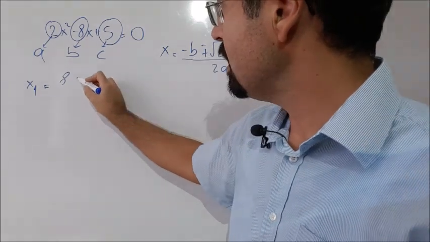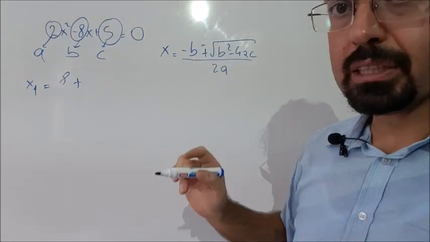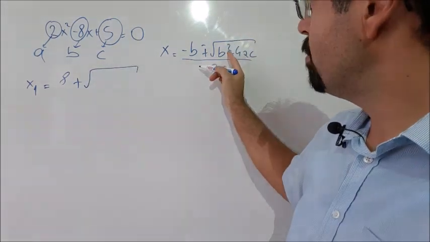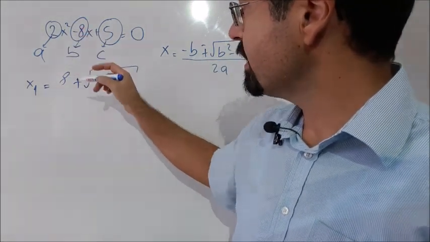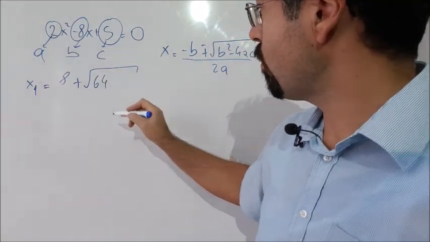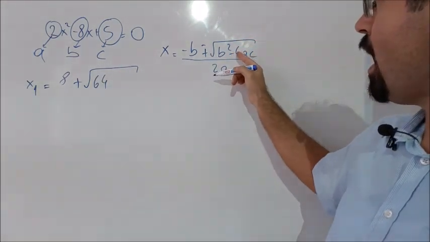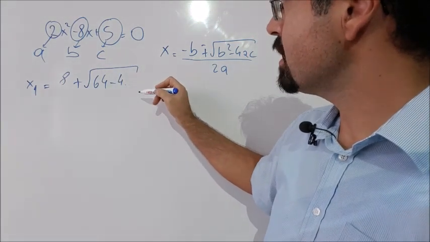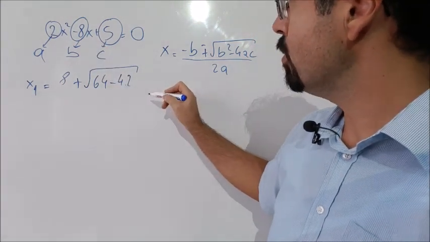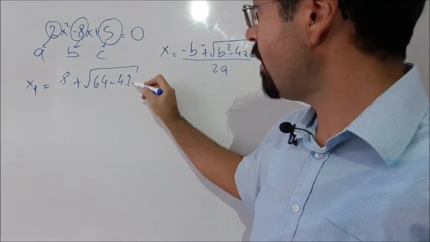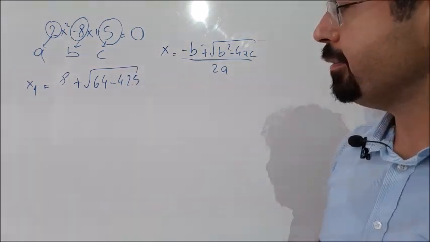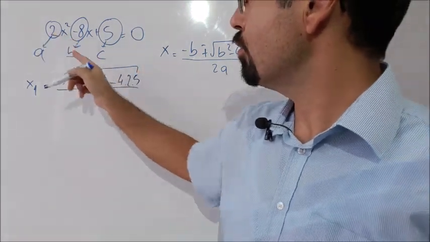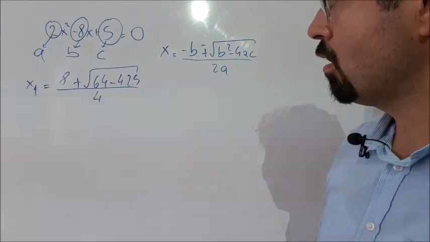Plus, first we are using plus for x1, root of b squared: minus 8 times minus 8 is 64, minus 4ac, minus 4 times a is 2, c is 5, over 2a, 2 times 2 is 4.